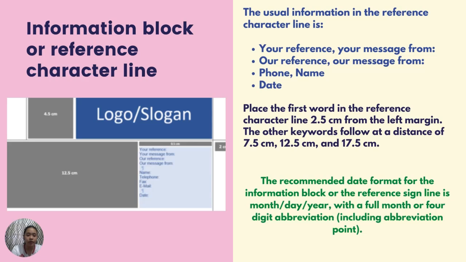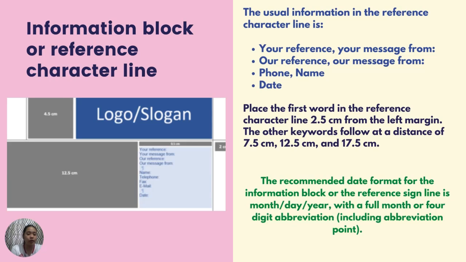The usual information in the reference character line is first your reference, second your message from, then followed by our reference and our message from, and then followed by the phone number and the date. We should place the first word in the reference character line 2.5 centimeters from the left margin, and then the other keywords follow at a distance of 7.5 centimeters, 12.5 centimeters, and 17.5 centimeters.